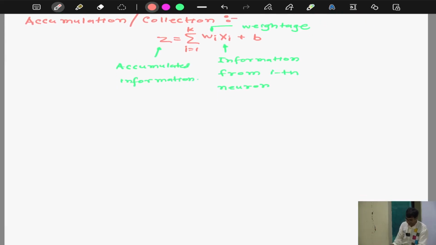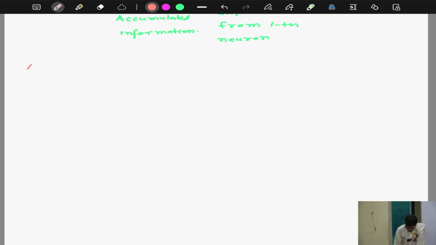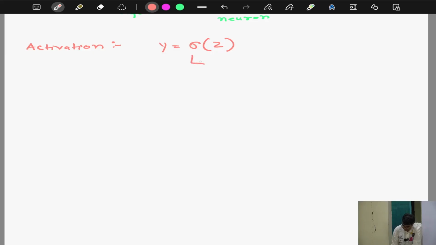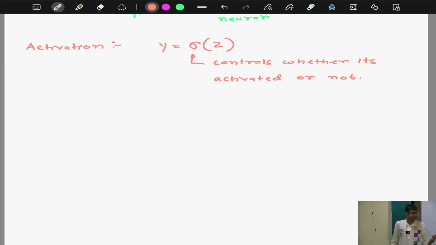So for activation, that is the second step, you can think of the output y as equal to sigma of z, and this controls whether it is activated or not.